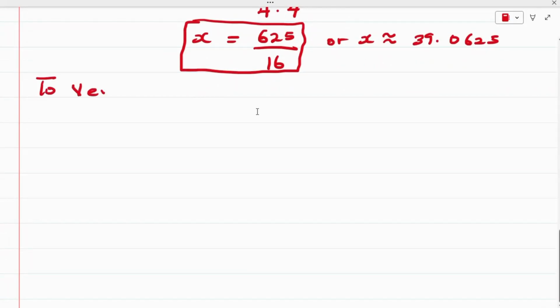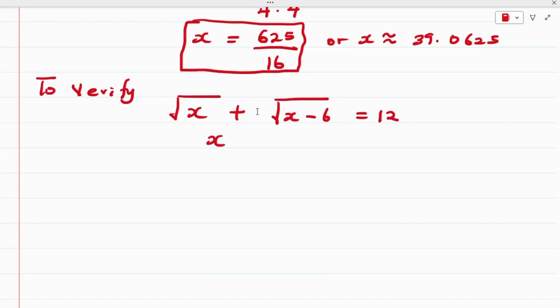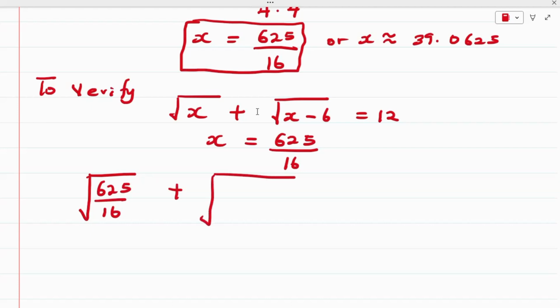So right here to verify, we have the question to be the square root of x plus the square root of x minus 6 is equals to 12, and we have x is equals to 625 over 16. So we have the square root of 625 over 16 plus the square root of 625 over 16 minus 6, and this is equals to 12.